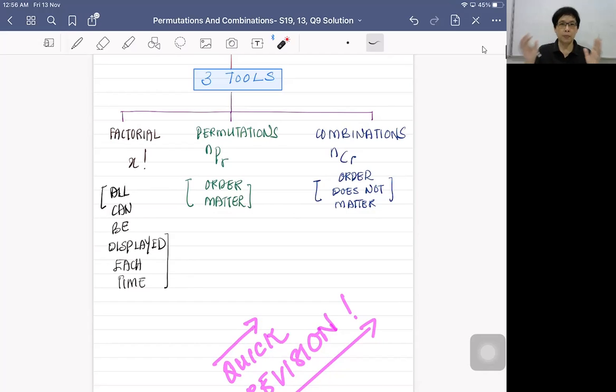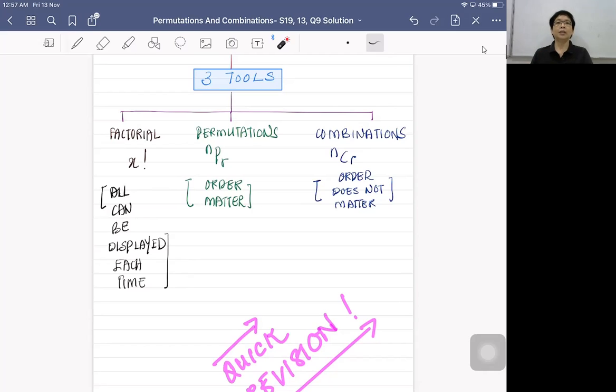For example, for a password or passcode or committee of people, the arrangement 1, 2, 3 is certainly different from 2, 1, 3. Even though you have used the same three numbers, the order of arranging them makes a difference. On that occasion we will go for permutation.